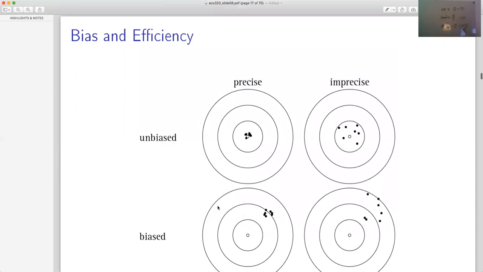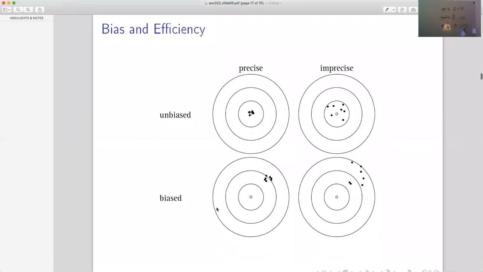This is actually a graph visualization of the trade-off I talked about. For example, this one is unbiased and precise, so this is the best option. But this one is unbiased but imprecise, meaning it has a higher variance. So the variance in this first column would be smaller than in the second column.